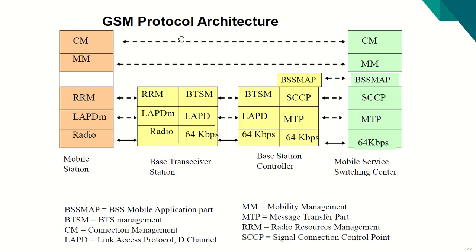Then the protocol architecture is you have a mobile station. Let's look at the terminology here. You have base station BSS mobile application part, and BTS management, and you have connection management, and link access protocol, and also you have mobility management, you have message transfer part, and each of them is defined specifically in the protocol.